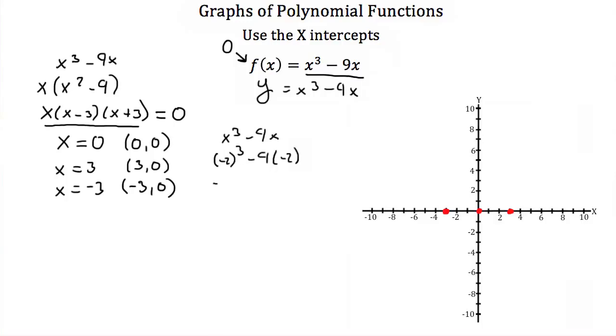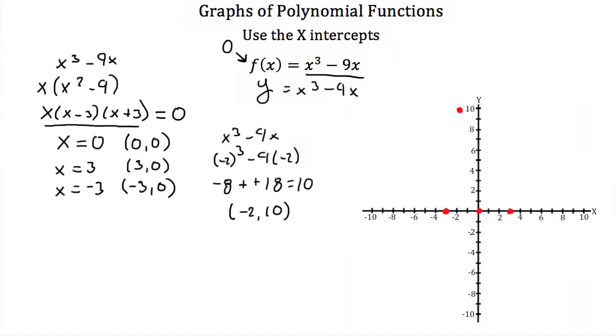A negative 2 cubed is a negative 8, and then we subtract 9 times negative 2, or a minus 18. If we subtract a negative, we're really adding, so this is going to be equal to 10. So now we have the point (negative 2, 10). And if we graph that one, (negative 2, 10) is up here.